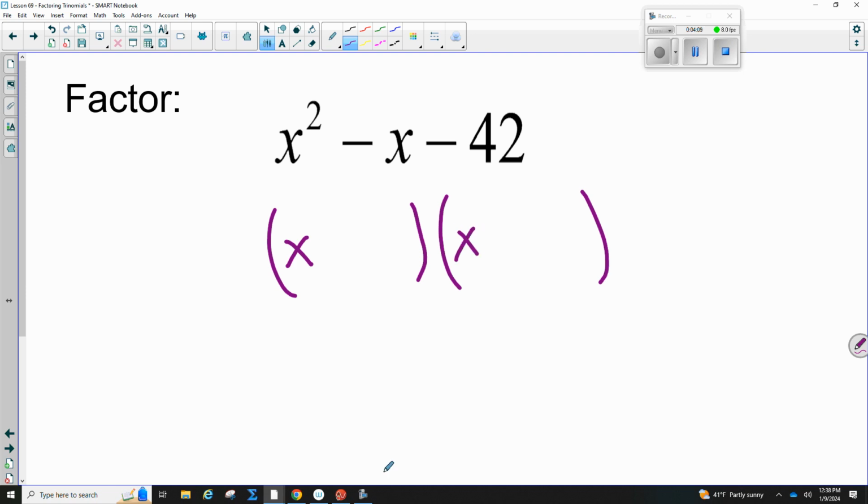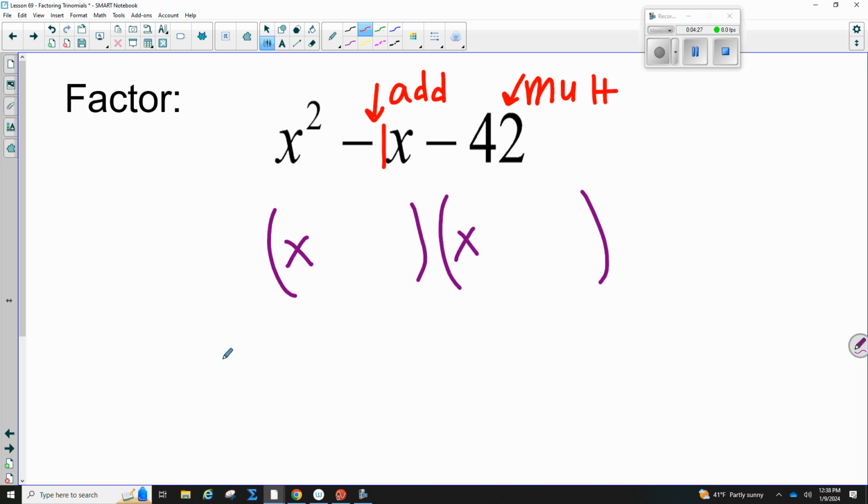And then my next two numbers, they always are going to multiply to be this constant right here. And those same two numbers have to add to be the number that is in front of x, which happens to be -1, okay, that you don't see there.